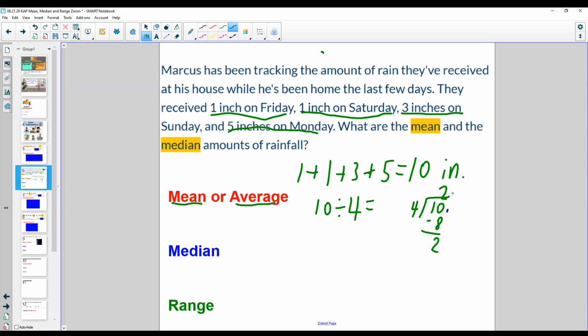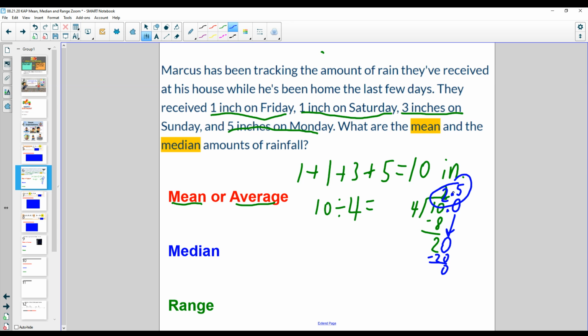To get rid of a remainder, it's something called annexing a zero. So you put a decimal point, and then you annex a zero and bring it down, and it's 20. How many groups of 4 go into 20? 5 groups. So the average amount of rain for each day is 2 and 5/10, or 2.5 inches.